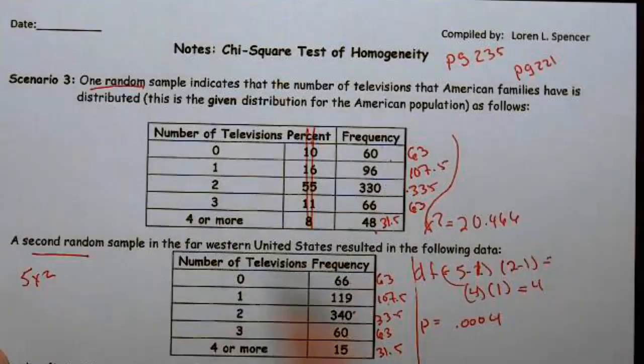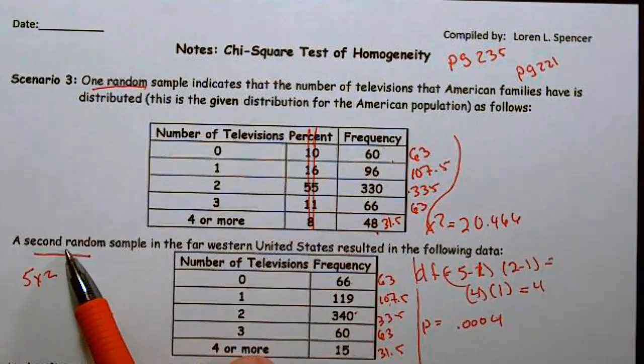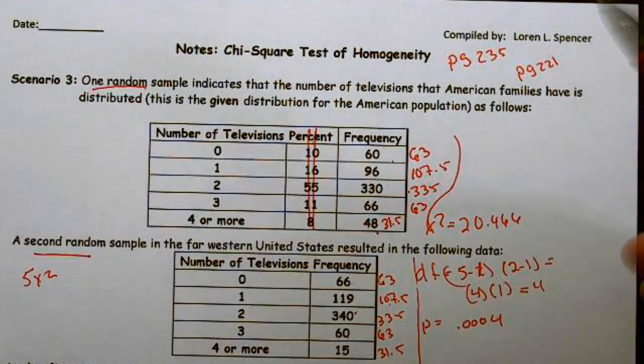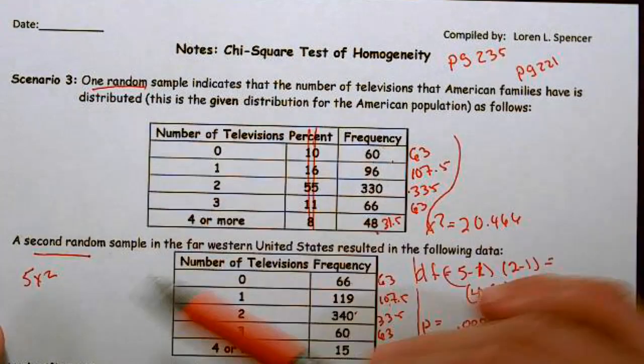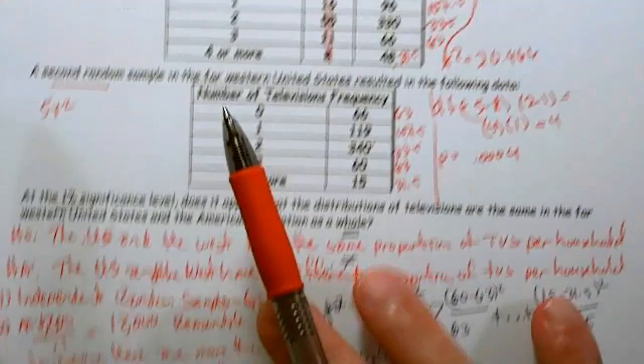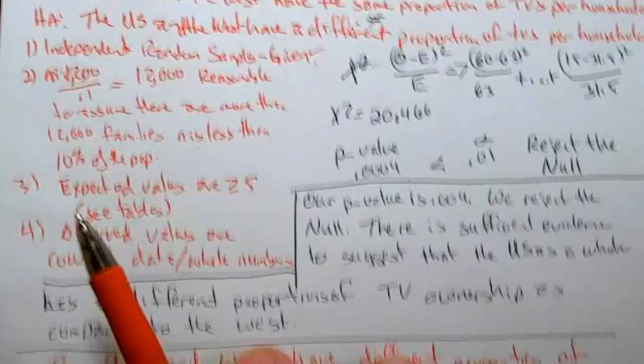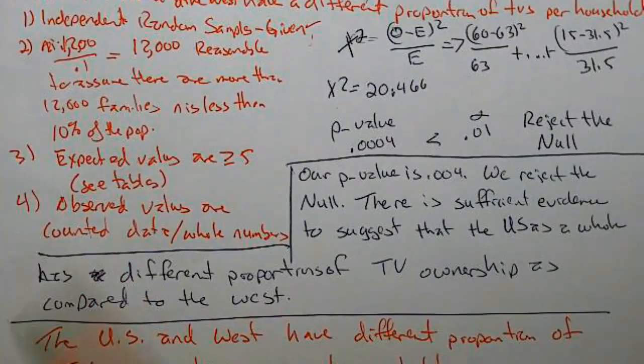The first one said it was a single sample of 600, so we're comparing to the past. Here we have two samples, and because we have two samples, we have a chi-squared test of homogeneity. All right.